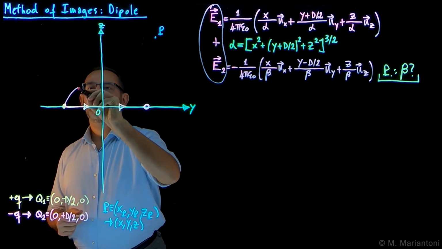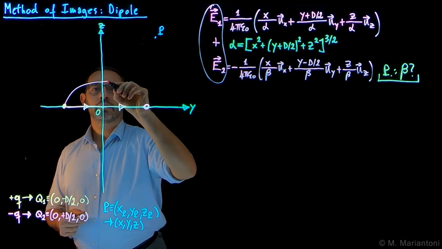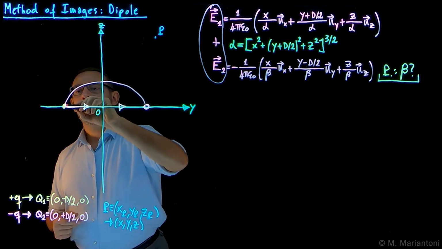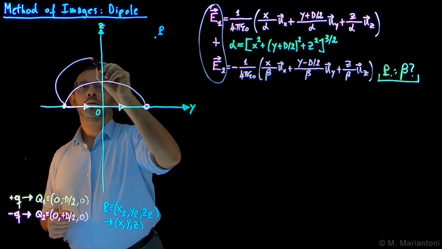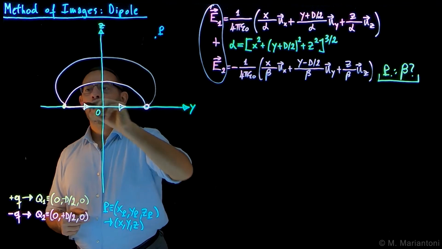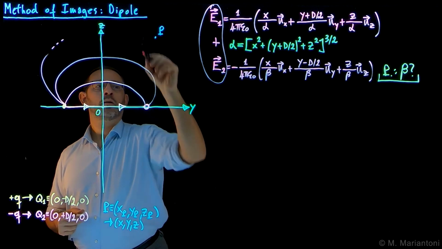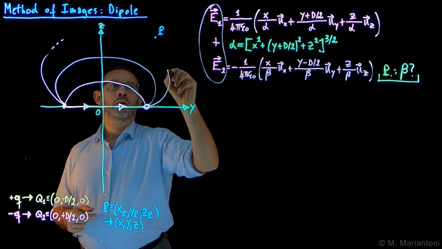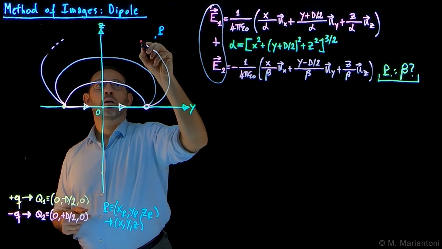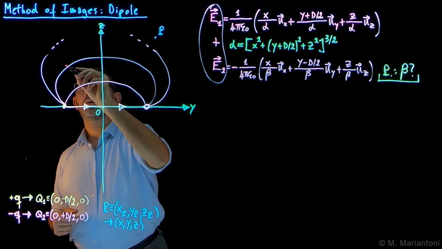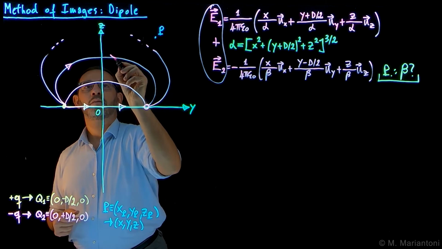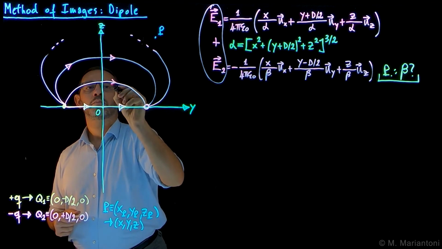And then, for example, we have this field line here, and we have this field line. And let's do one more. Okay, so they go all in this fashion.